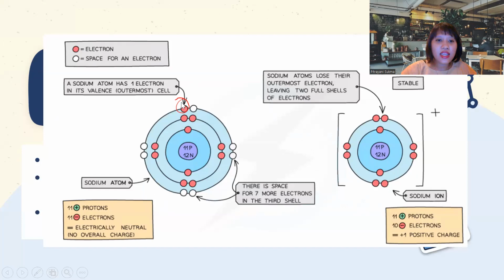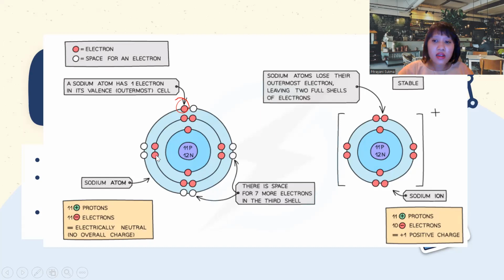As you can see in this diagram, it has three shells. The first shell is already full with 2 electrons. The second shell is full with 8 electrons, but the third shell only has 1 electron. In order to become more stable, they need to have 8 electrons in the third shell, the full configuration, like the noble gases.